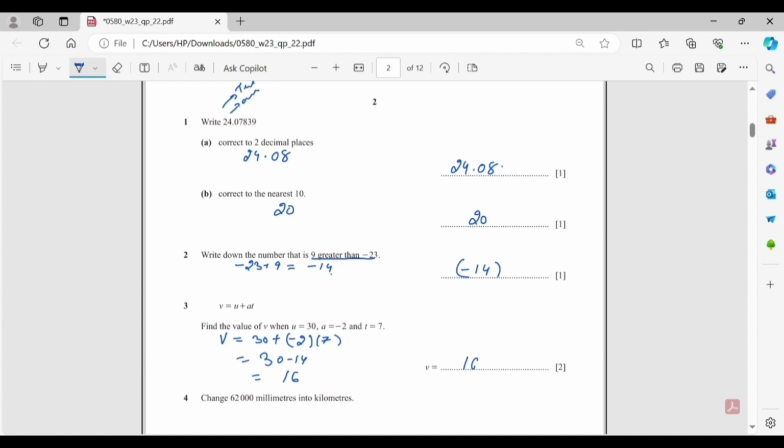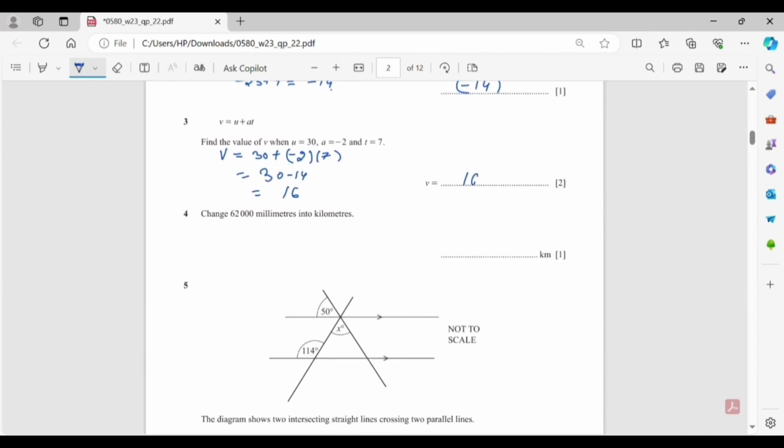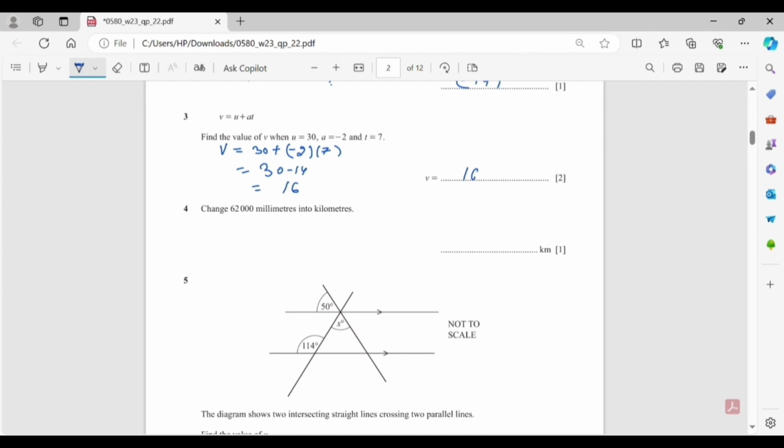Next, question number 4 is change 62,000 millimeter into kilometer. So 1 kilometer is equal to 10 lakh millimeter. So we have to divide this by 10 lakh. 62,000 divided by 10 lakh.